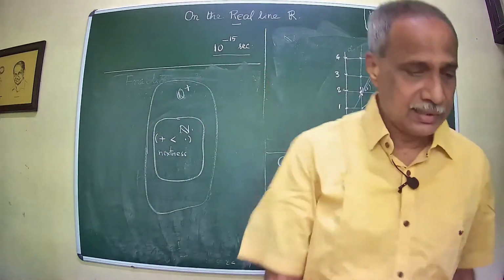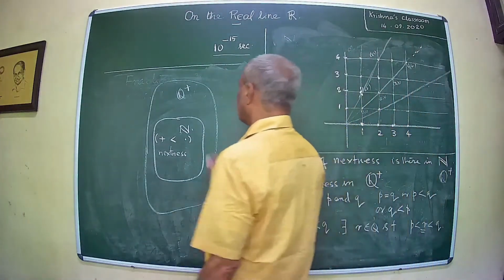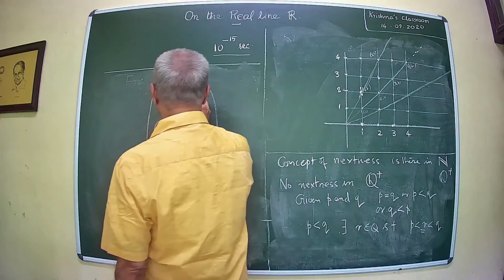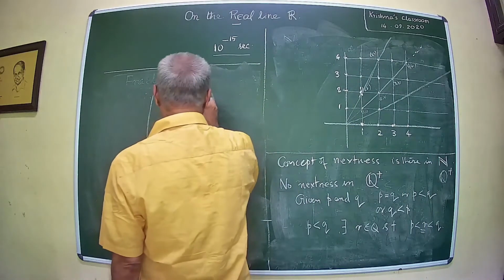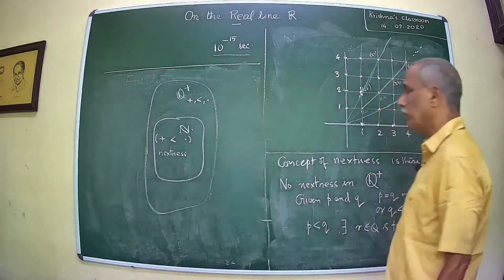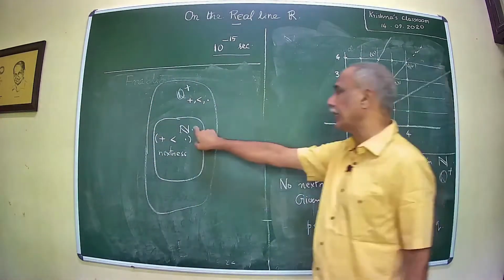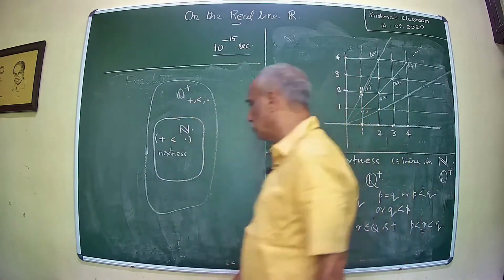You have extended this to Q plus. What do you have? You have extended addition. You have extended less than. One more thing I want to say is that every natural number can be discovered as an element of Q plus. How do you do that?